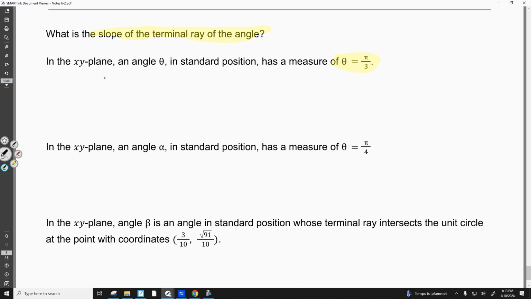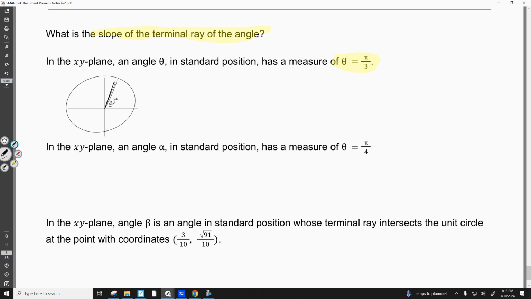Well, start with what we know, with what I told you to do. Start with the radian measurement, then draw your triangle, and go from there. So pi over 3, where's it located, and what's the reference angle? Good, so here it is, 60 degrees away from 0.